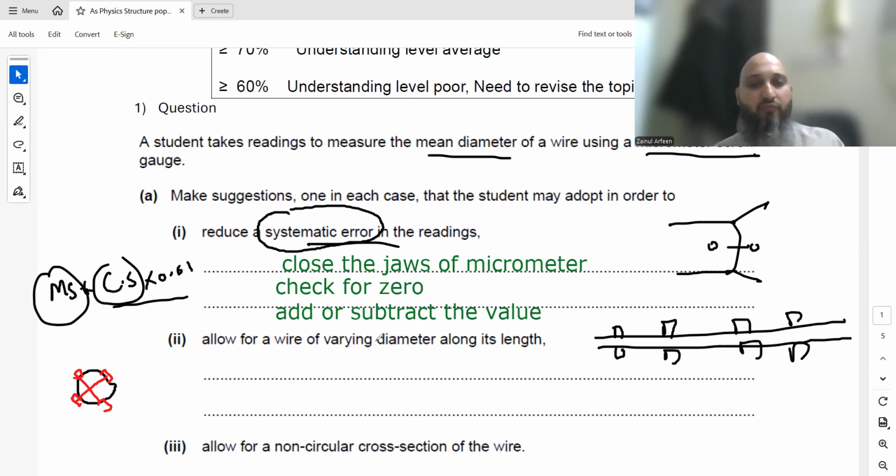So for a wire of varying diameter along the length, we will measure the diameter or change the position. But if we want to allow for a non-circular section of a wire, what should we do? We should change the orientation, and at different orientations we will measure its diameter. Is it clear?